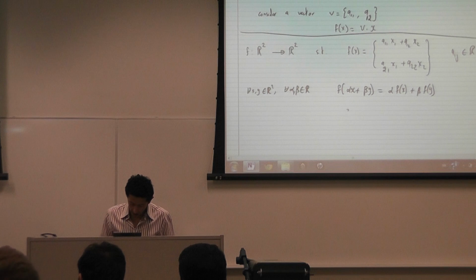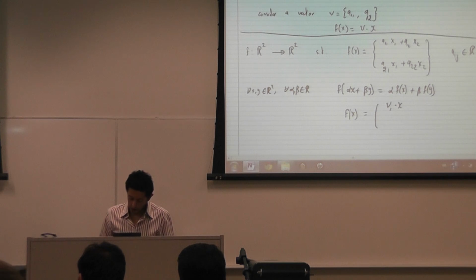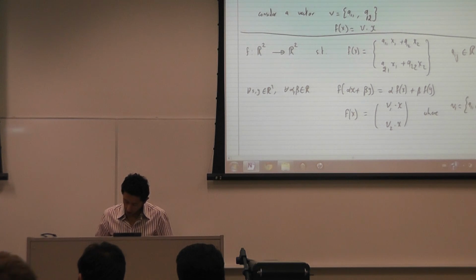and also you'll find that f of x is equal to a vector v1 dot x and another vector v2 dot x, where v1 is the vector a11, comma, a12, and v2 is the vector a21, a22.